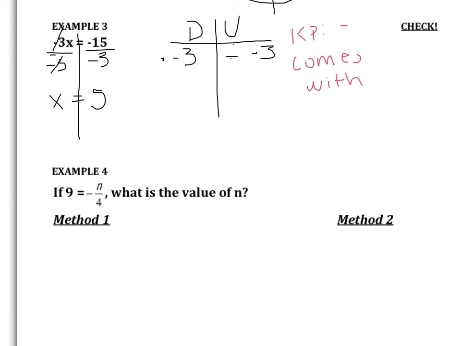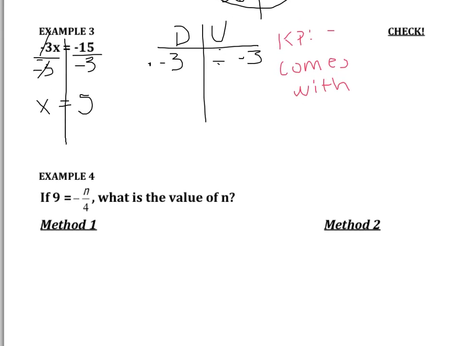Okay. We want to make sure that our answer is correct, so we're going to go ahead and check it, and I'm going to move over here. I'm going to rewrite our initial problem. We had -3x equals -15.